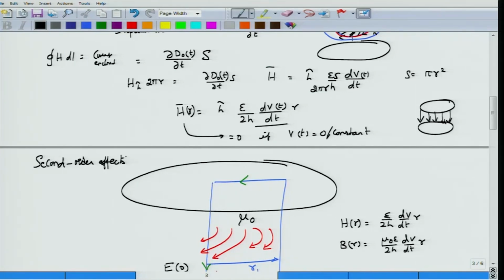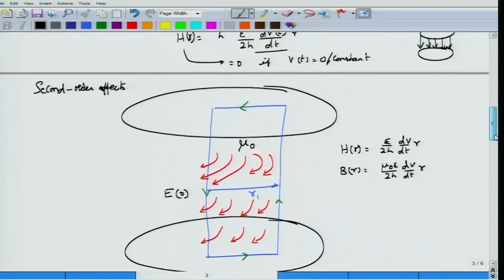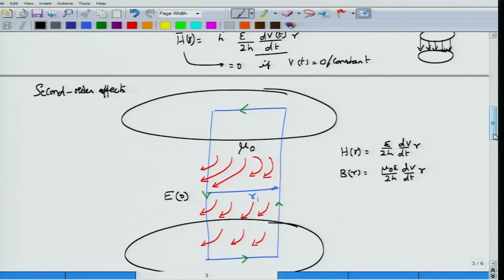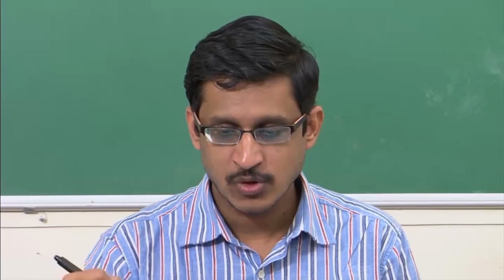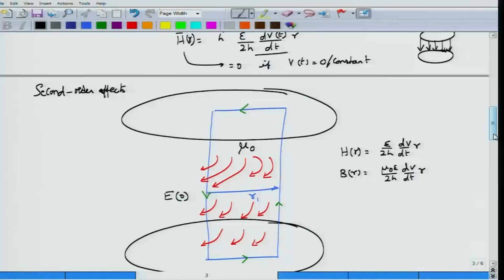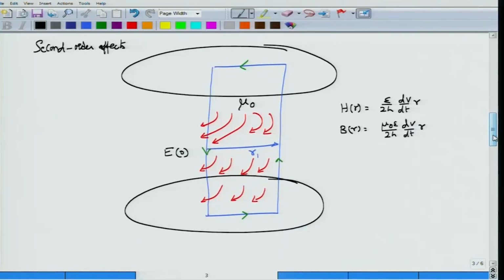In the second order, the magnetic field that we found from the first order will induce a certain magnetic flux density, which will be changing with time, and that will induce a certain EMF. Let us see that we have considered one loop here, of the length r1 and the height h, from the top plate to the bottom plate, and we are applying Faraday's law to this loop, in the direction shown by the green arrows.